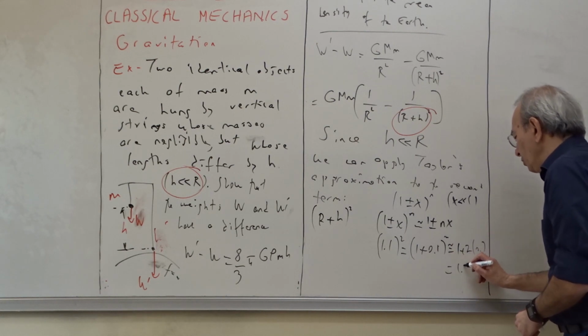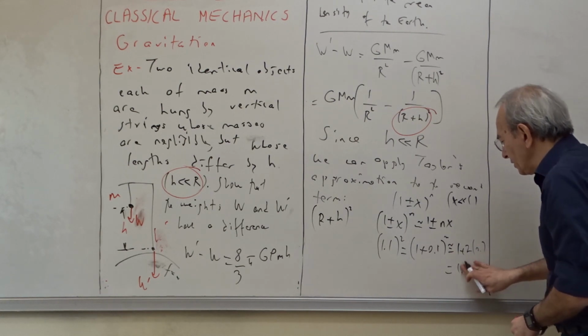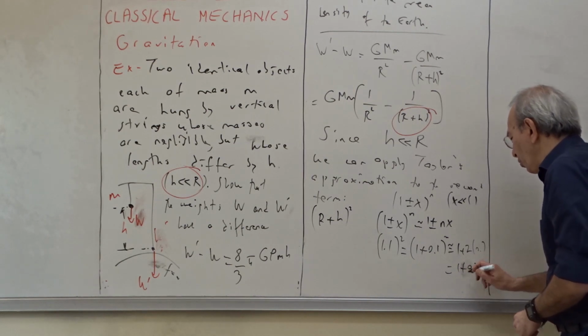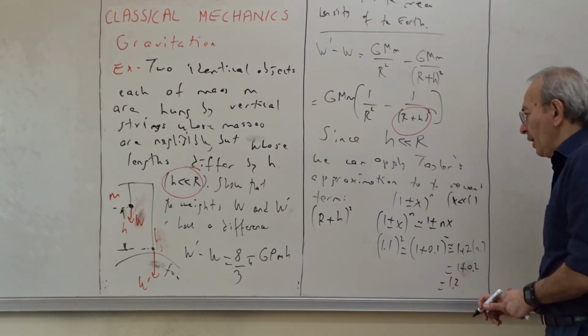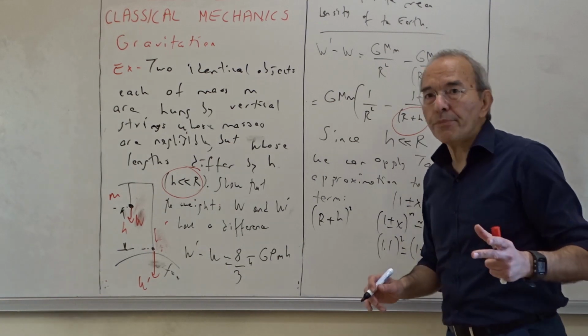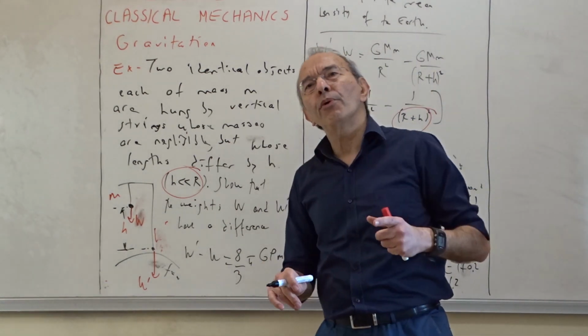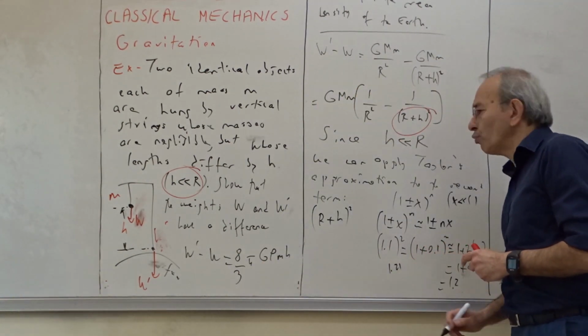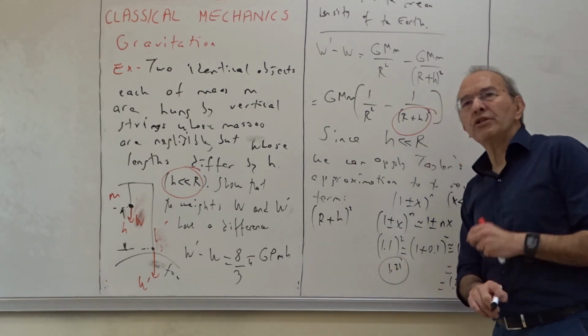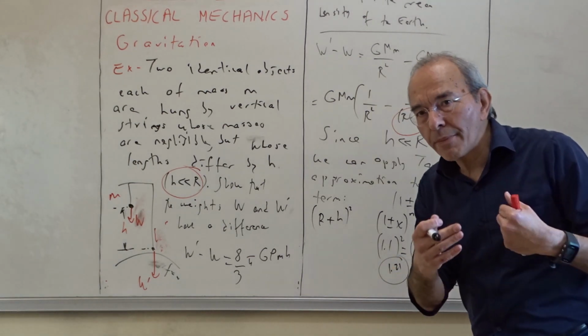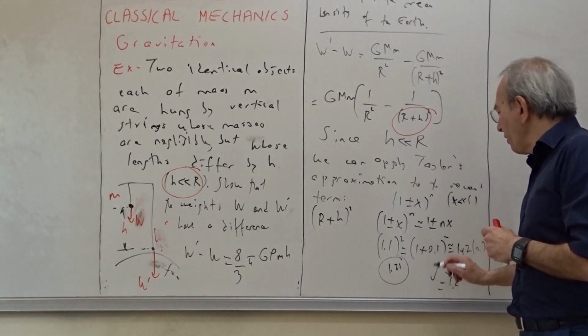So it is 1 plus 0.2, which is 1.2. And indeed, if you don't make any approximation and just take the square of 1.1, you will get 1.21. So instead of 1.21, which is the exact result, you may approximate it to 1.2, which is a very good approximation.